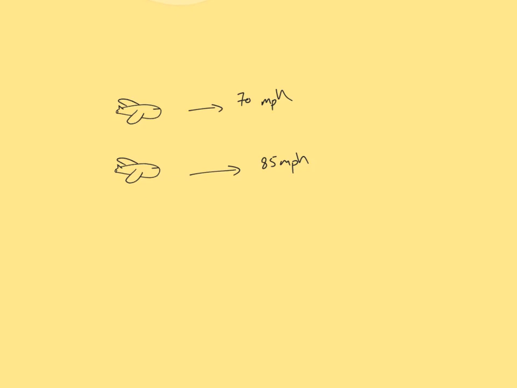They're both going in the same direction, which means for their relative speed, I'm just going to take the faster speed and subtract the slower speed, which means I have 85 miles per hour minus 70, and that gives me a relative speed, i.e. the difference between them, of 15 miles per hour.